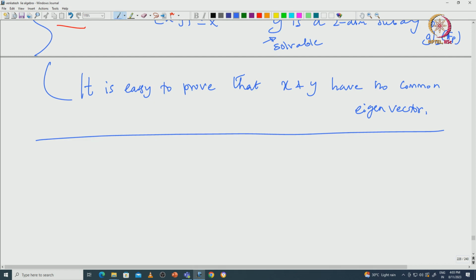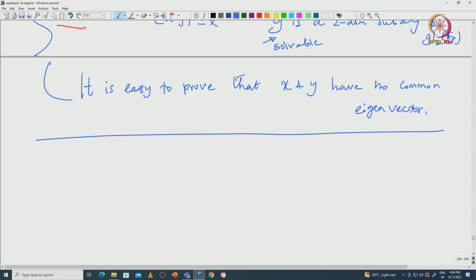Now, using Lie's theorem, if you start with a solvable linear Lie algebra, then there is a basis such that all elements of this Lie algebra can be represented as upper triangular matrices. But if you take the derived algebra of upper triangular matrices, that will be strictly upper triangular matrices.